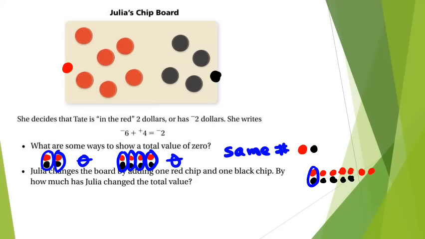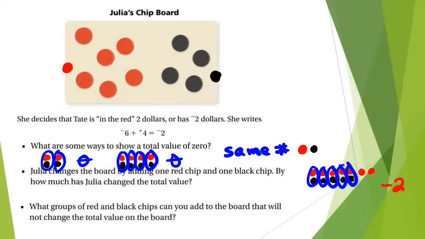When I cancel out the 0 pairs, I see that I'm still left with a value of -2. So in other words, by adding 1 positive and 1 negative, I simply added 0 to the original, and I didn't change the value at all.